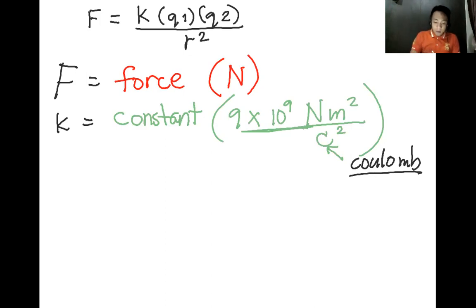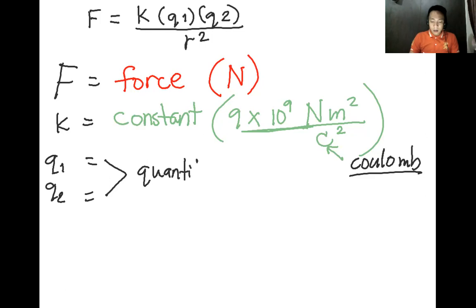Another thing, we have the Q1 and Q2. Q simply means quantity, the quantity of the particles. Okay, so we have two particles. So those are what we call quantity, or as simple as the Coulomb itself.